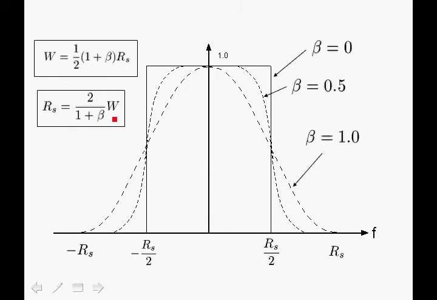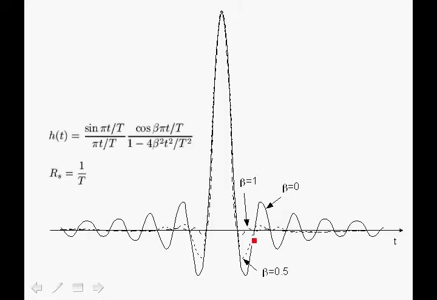Going back here, we see that if we have a fixed bandwidth W, then for beta excess bandwidth less than 100%, we can achieve a higher throughput through that channel compared to the case where we have 100% excess bandwidth. The cost of that is, of course, more intersymbol interference.